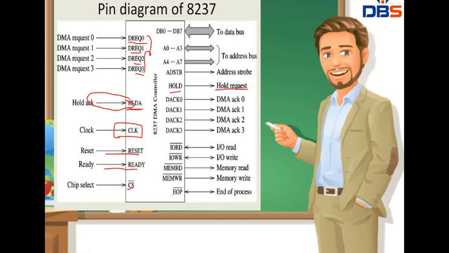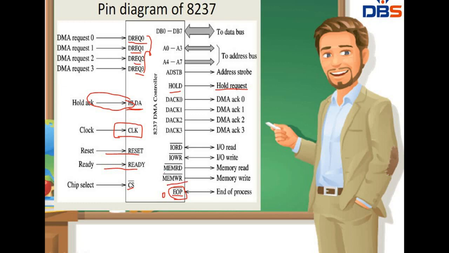EOP, end of process. This bidirectional pin signals the end of the DMA process. This pin is an active low pin. Whenever 0 is there, this shows the end of the DMA process.